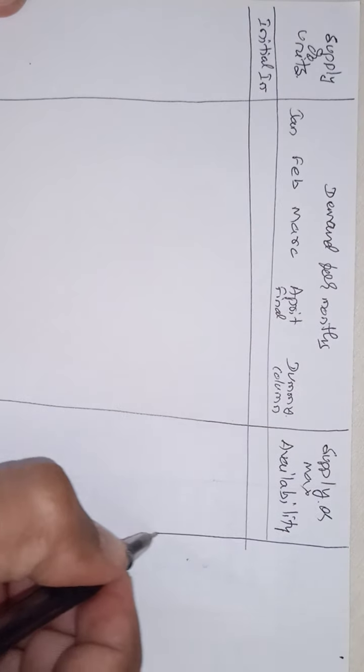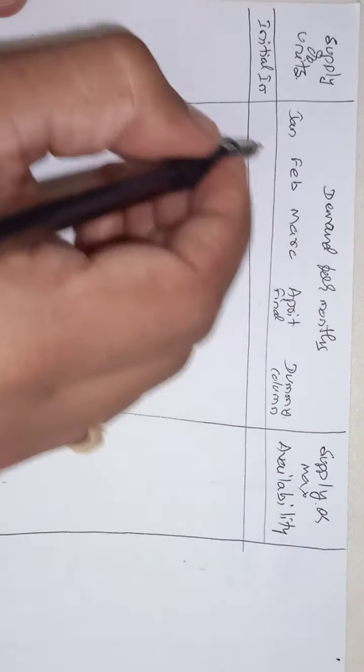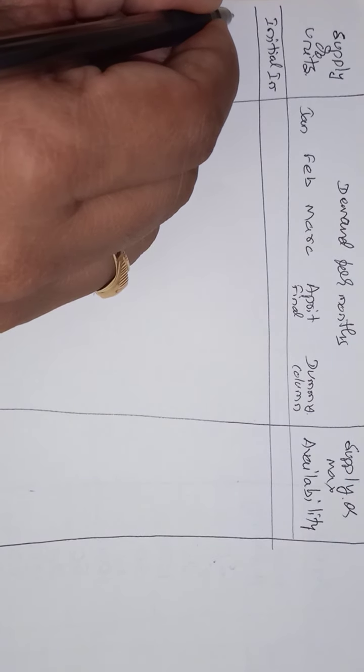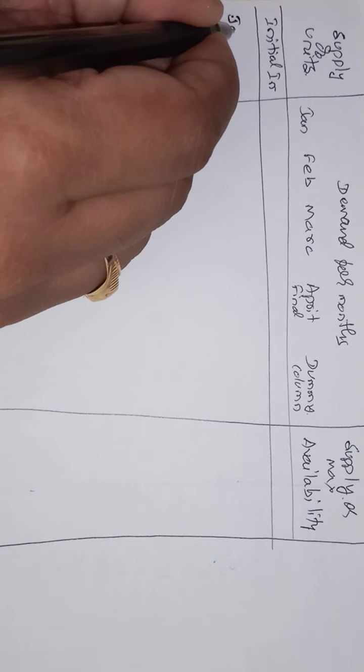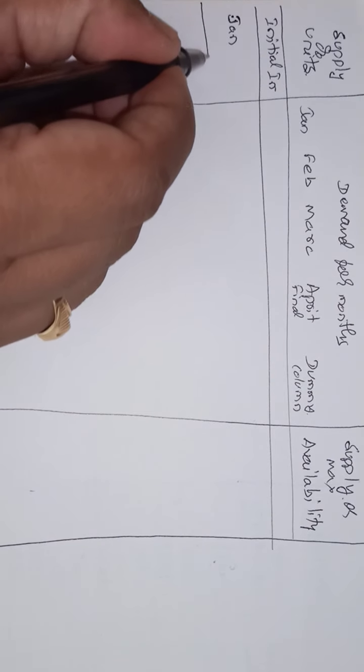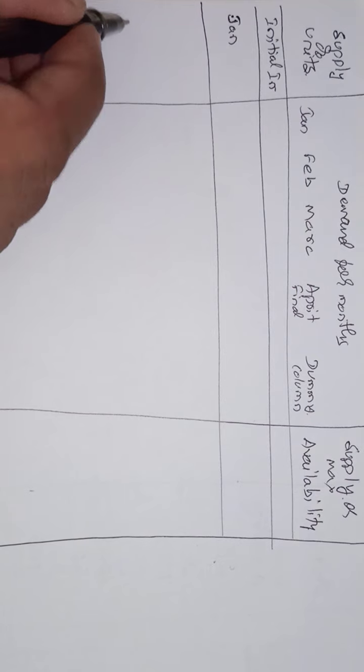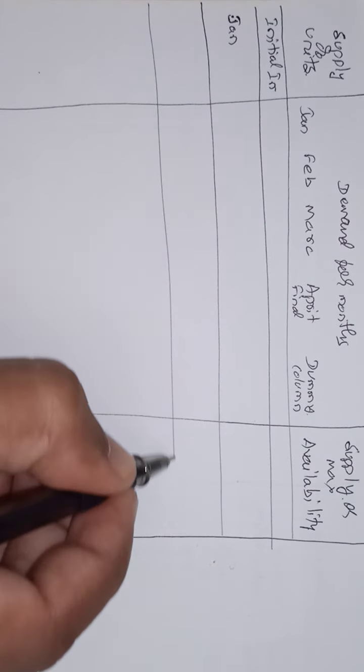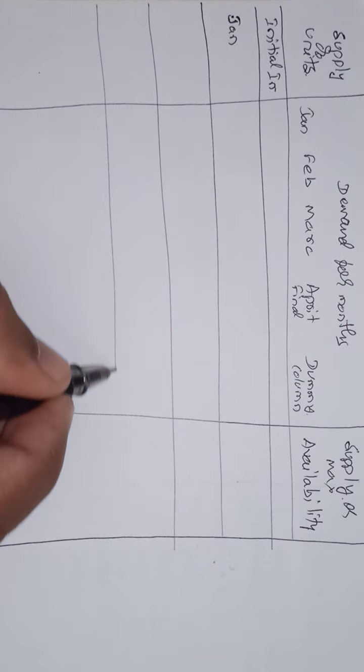Like this you should draw that one. First what we have written here is January. In January there are 3 rows, then February, March, April, and you have a final demand, right.